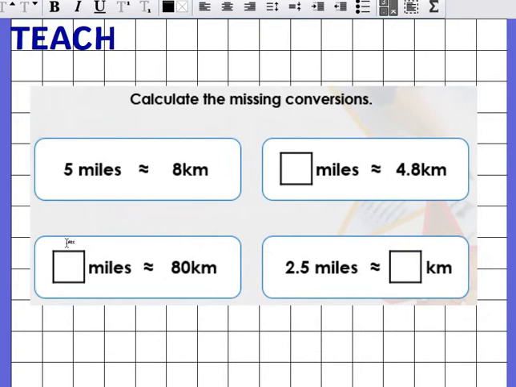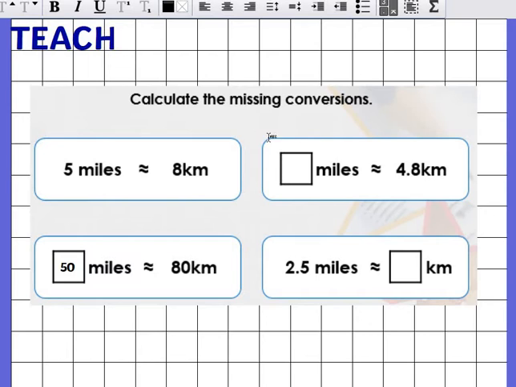Well, I know here, nice simple one to start with, 5 miles is 8 kilometres. How many miles to 80 kilometres? Well, I just need to divide by 10. So 50 on this side, 4.8. So think about that one.